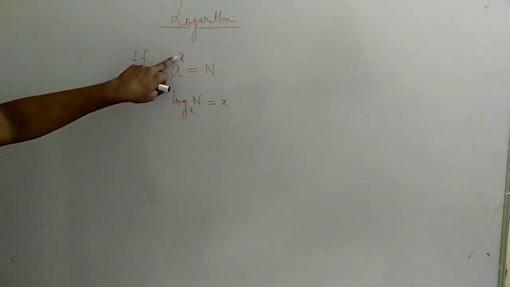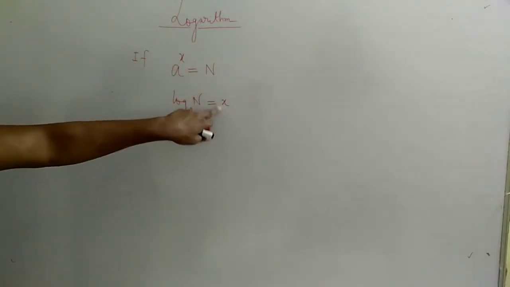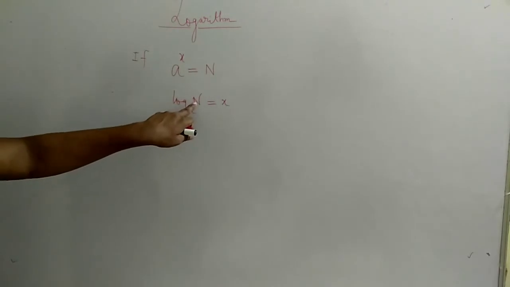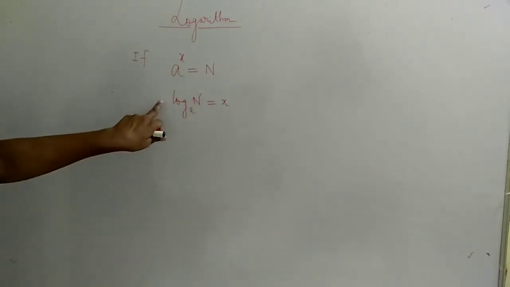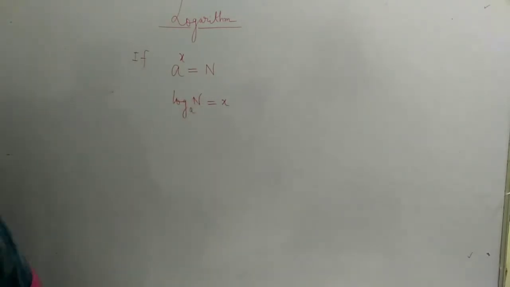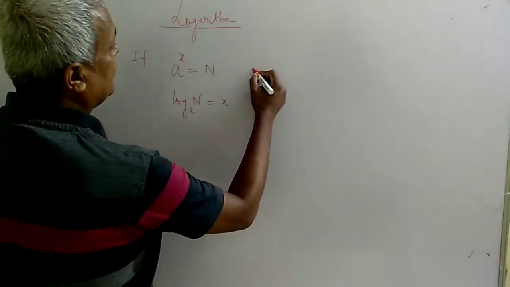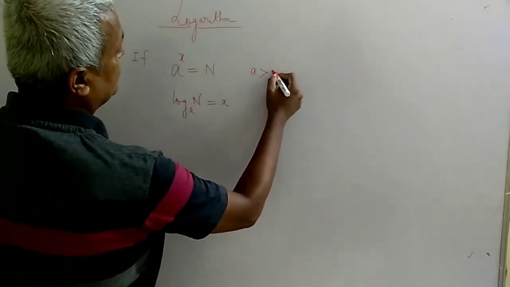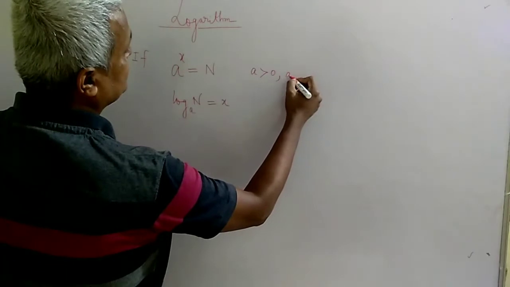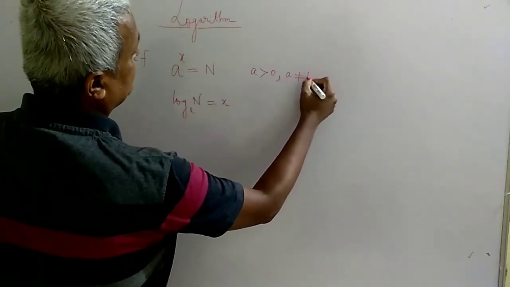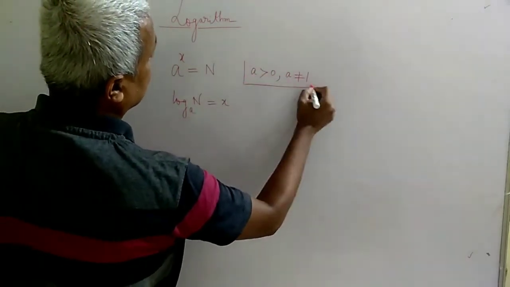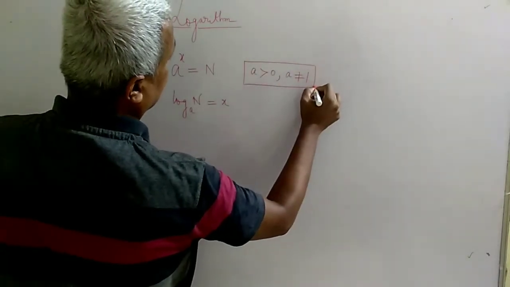What was the exponent here becomes the value, and what was the value here becomes the argument of this logarithm function. But the condition here is that a should be greater than 0, as well as a should not be equal to 1. This is the restriction.